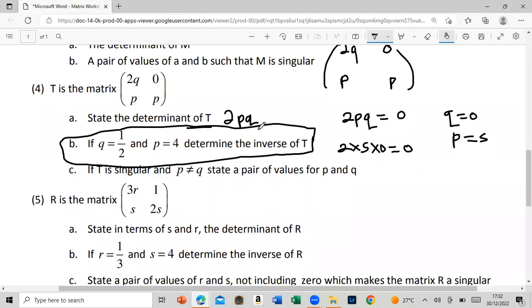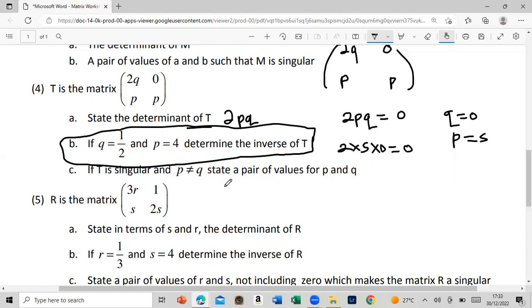All right, so it says if R is a matrix, 3R 1 S 2, state in terms of S and R the determinant of R. It's the same thing, just repetition.